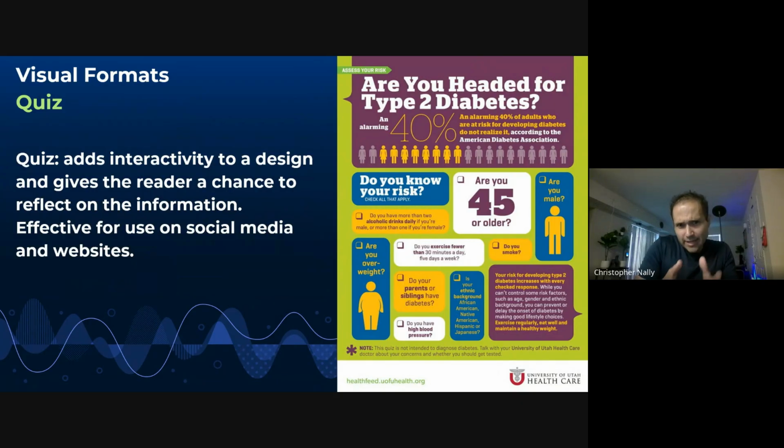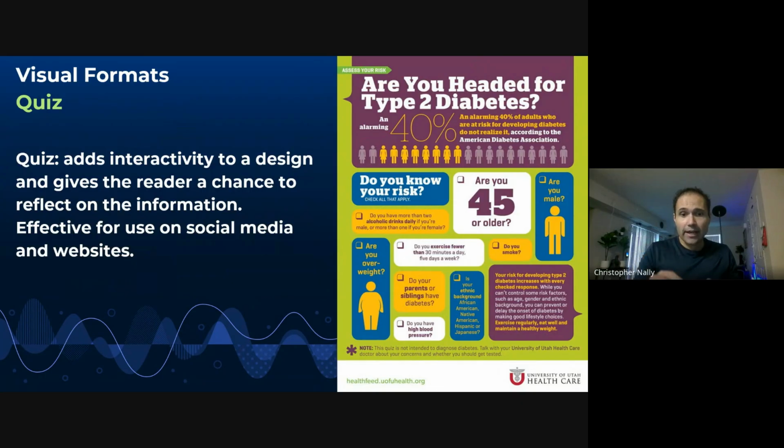They will literally take a quiz and find out the result of their answer by the infographic. So, for example, are you headed for type 2 diabetes? You see that infographic on the right there. And it's just literally quizzing, polling the audience to basically check, like, yes, I got this.